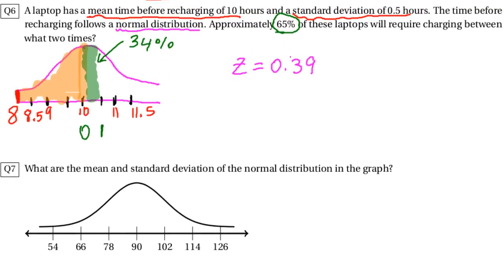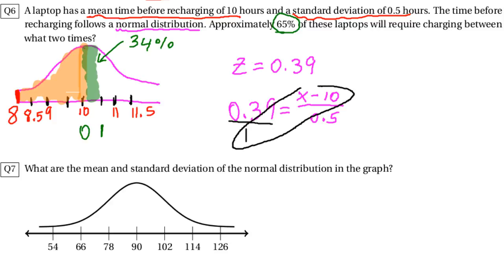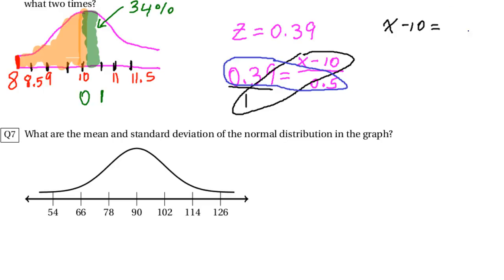The question is, what is this going to say? So if I go 0.39 and say that's my z-score for a piece of data that I don't know, but I do know that I subtracted 10 because that was my average, and then divided by 0.5, this is now going to turn into a problem where I can say that if I put this over 1, I can simply cross multiply in this direction right here and say that that's going to give me x minus 10 is equal to, and now if I do 0.39 times 0.5, I get 0.195.